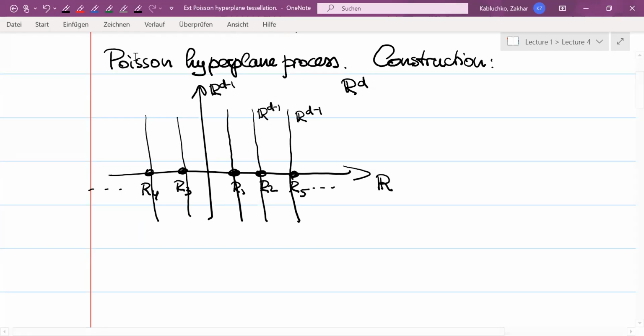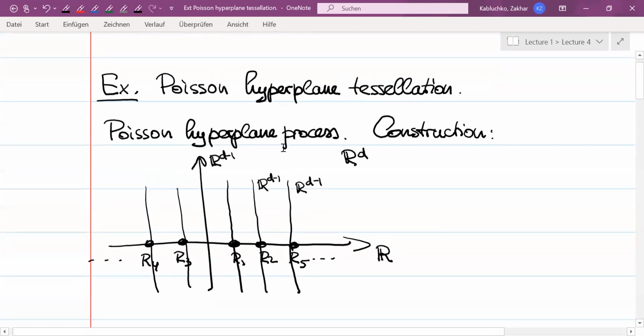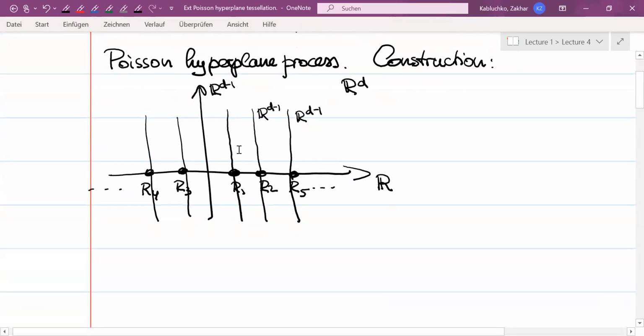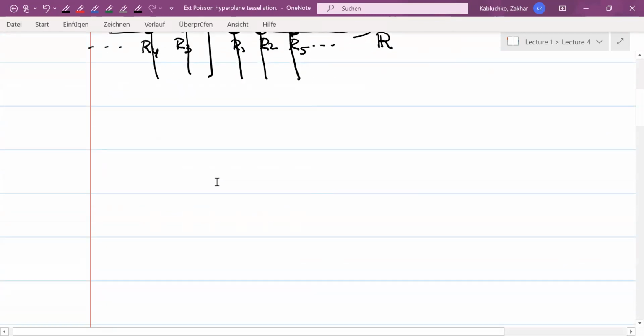Now, if I want to construct an isotropic hyperplane process, I do the following. I take any of these hyperplanes and rotate it in a random uniform way around the origin. So this here is the origin, which, by the way, does not belong to the Poisson point process. In dimension 2, this looks as follows.